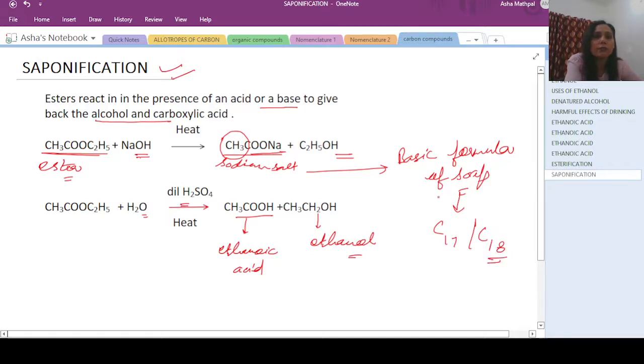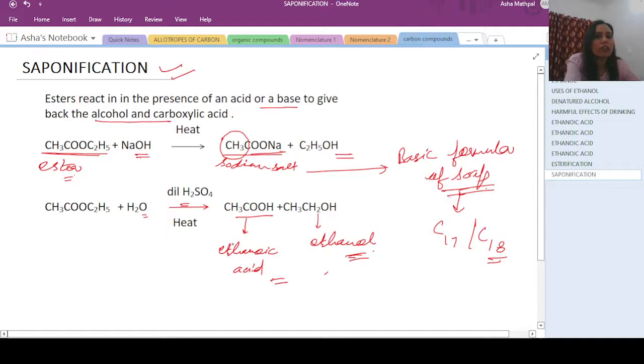So this is the basis of making a soap, and that is why it is called saponification. But if this reaction is carried further, in the presence of acid or base, you can get back the ethanoic acid and the ethanol, which are the reactants in the formation of the ester.